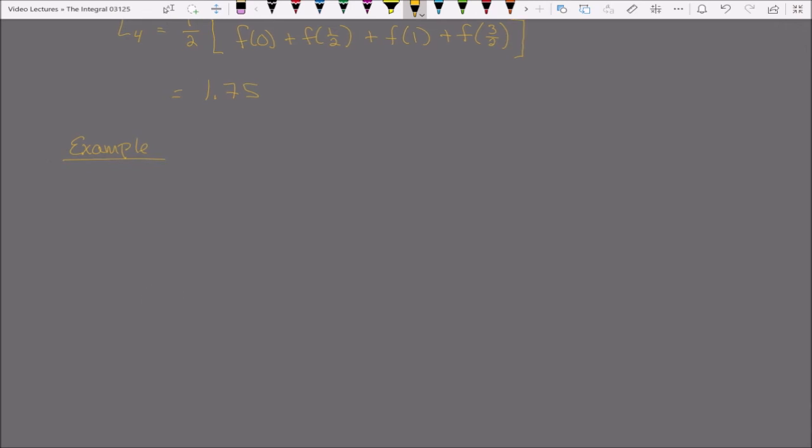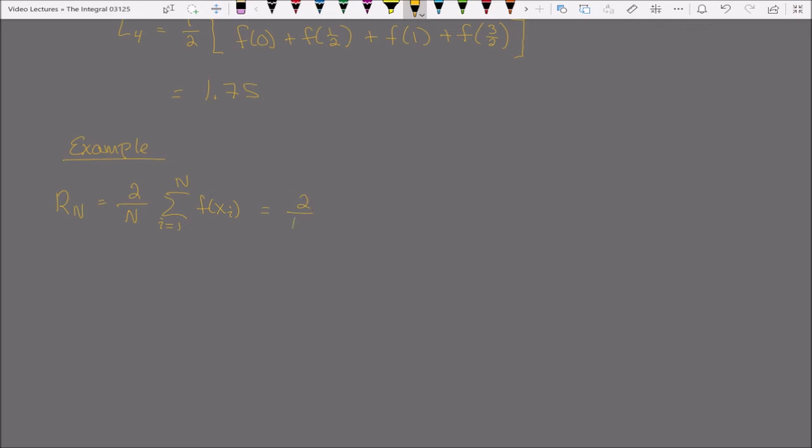So we're going to use Rn. Remember, this is delta x, which is going to be 2 over n times summation i equals 1 to n of f of x sub i.